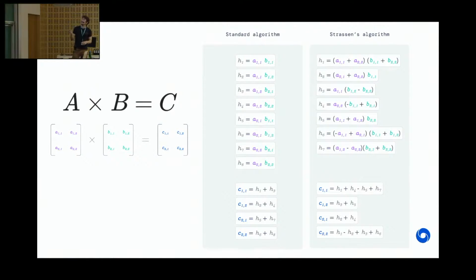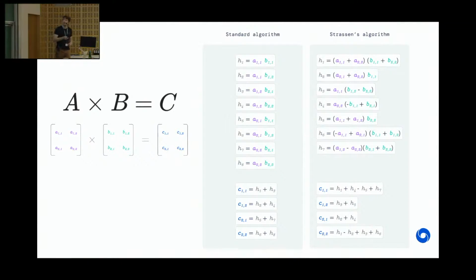And these 7 ingredients are chosen in such a clever way that you can take different combinations of them, and just by adding or subtracting them from each other, you build up the correct result, so the 4 correct values in the output matrix C. And indeed, to verify that Strassen's algorithm is correct, all you need to do is to add up these terms, multiply out the brackets, and you will notice there will be some convenient cancellations, and you get the correct answer.